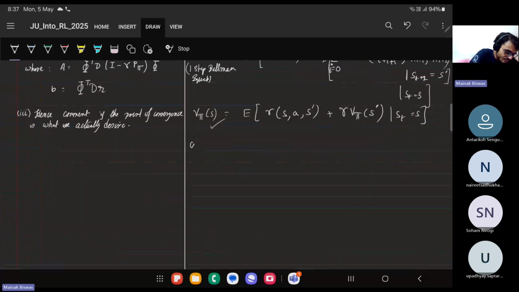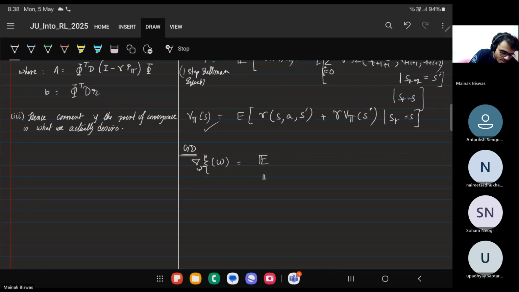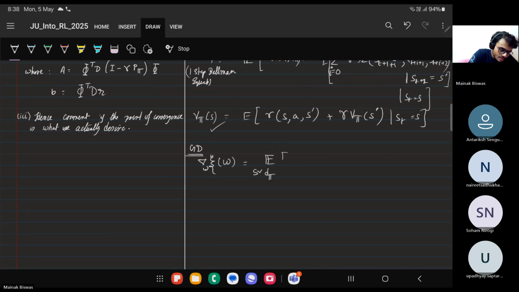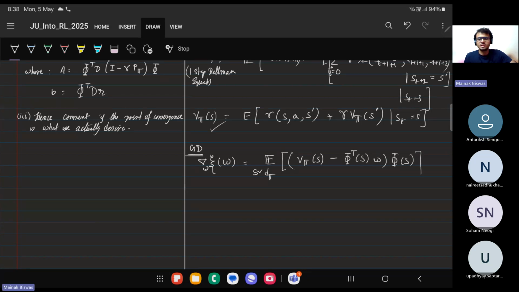Just look at the gradient descent update. What is the gradient descent update here? What is the gradient of this? Just remind me. This is the expected value over S sampled from d pi, of V pi of S minus phi transpose S W, into the phi of S. Right? This is what I got.